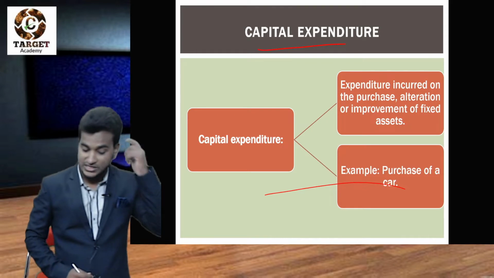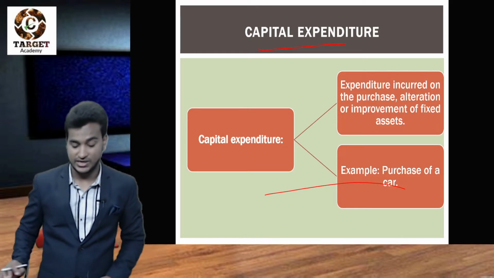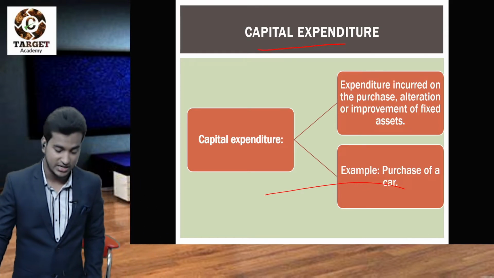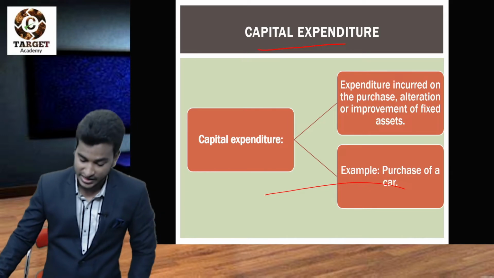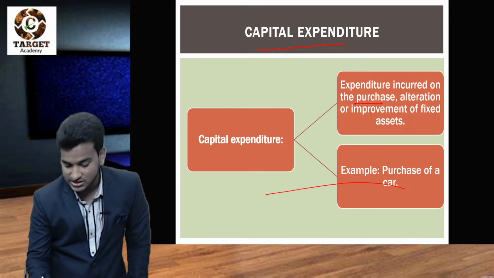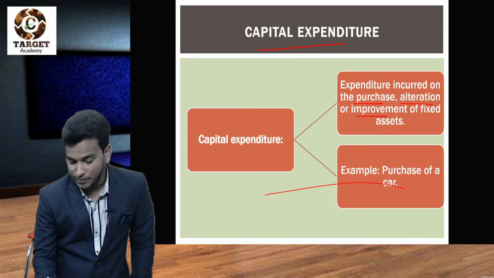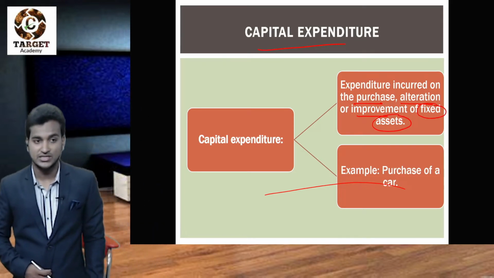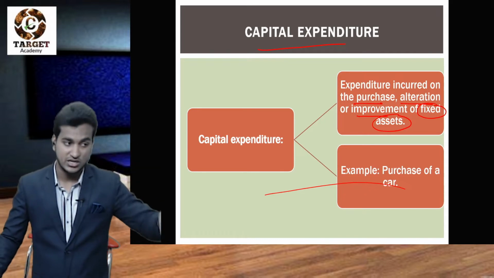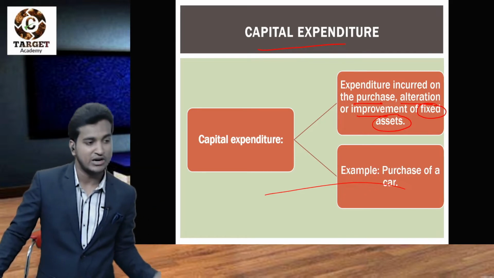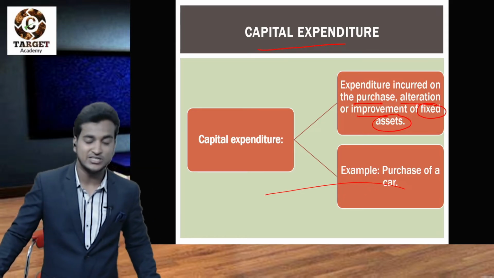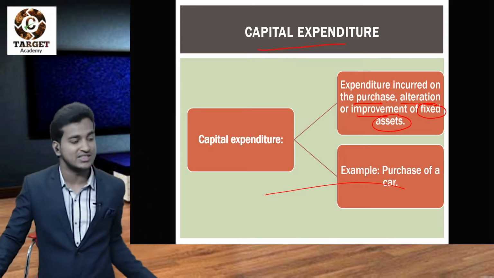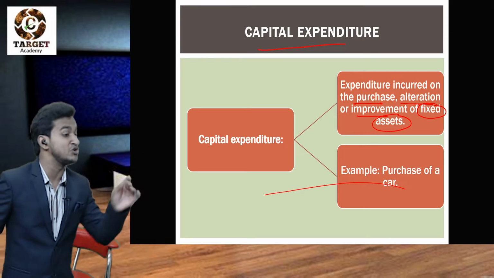So let me see the capital expenditure. Capital expenditure means expenditure incurred on purchase, alteration, improvement of fixed asset. That means expenditure incurred on purchase of fixed asset, expenditure incurred on alteration of fixed asset, expenditure incurred on improvement of fixed asset. These three expenditures are called capital expenditure, not revenue expenditure.